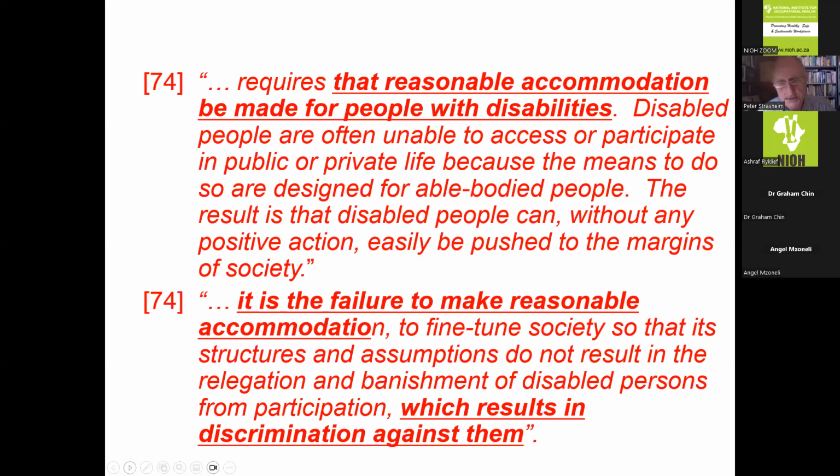Now, just to stop there, if reasonable accommodation is not specifically raised and specifically considered by any medical practitioner, HR, IR, safety practitioner, trade union, that will be unfair discrimination on the grounds of disability. It really is as serious as that.